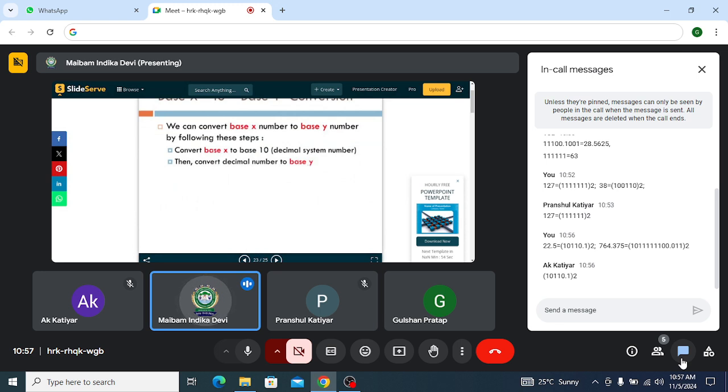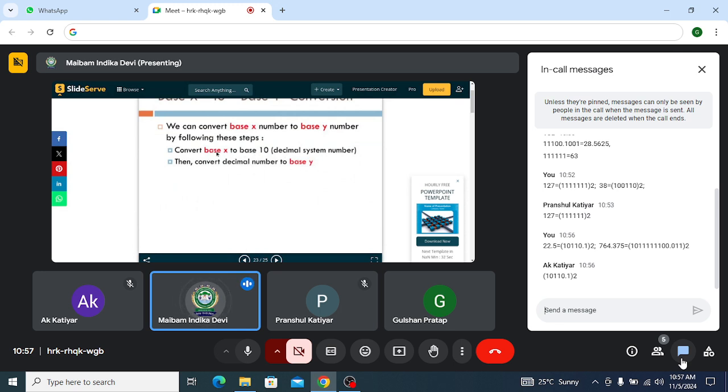For example, to convert from octal to hexadecimal, or binary to octal or binary to hexadecimal, you can convert from binary to decimal first, and from decimal you can convert into octal.